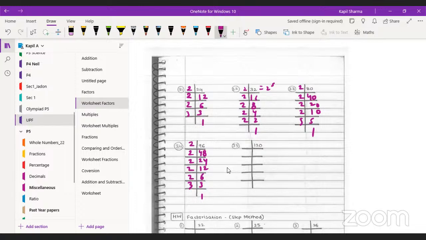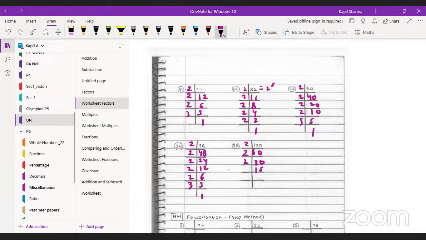120. Write the factors, prime factors. Okay, 2. Then Swastik. Yes, again 2. After that, yes. Another 2. Good.